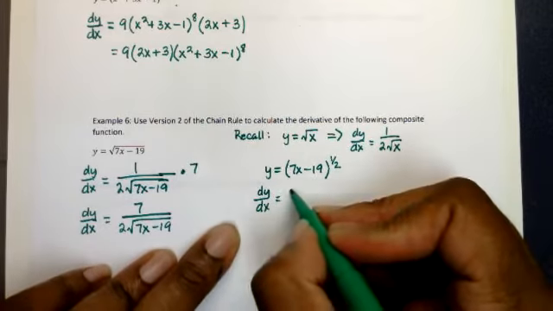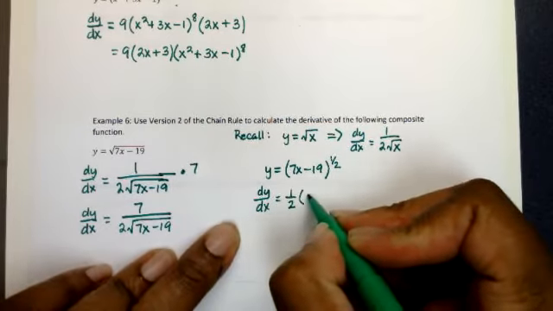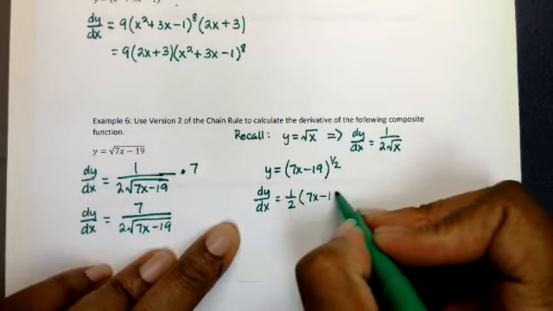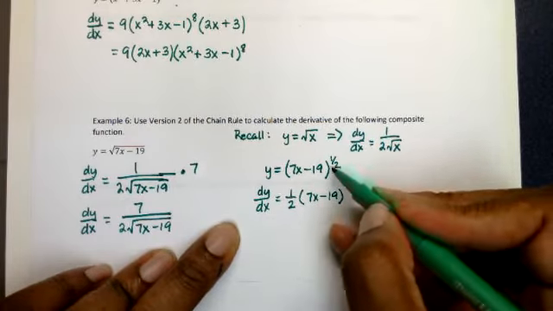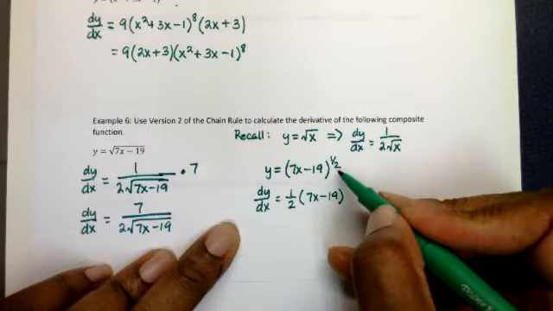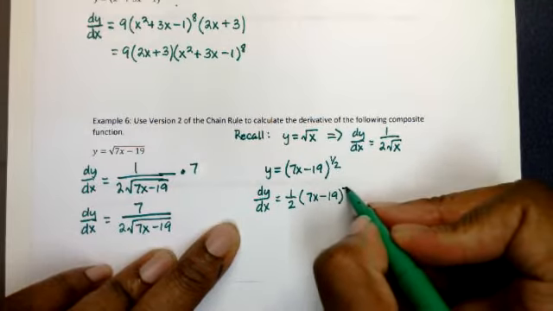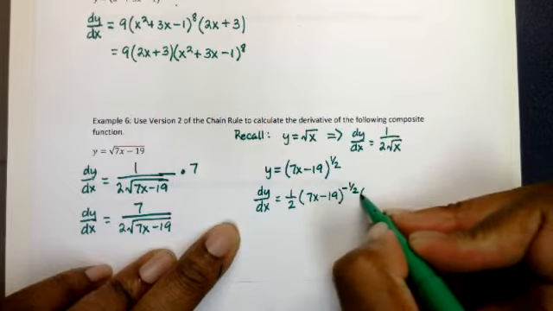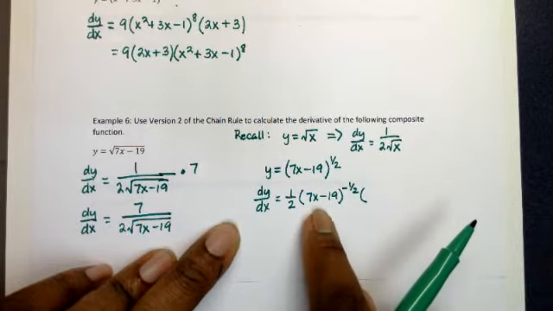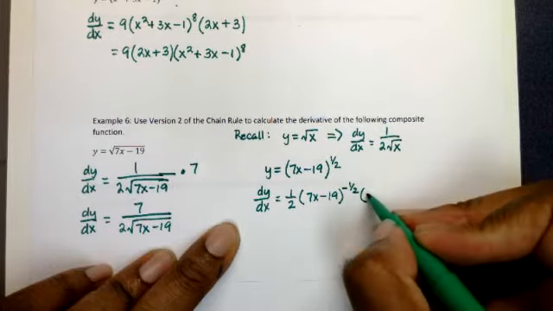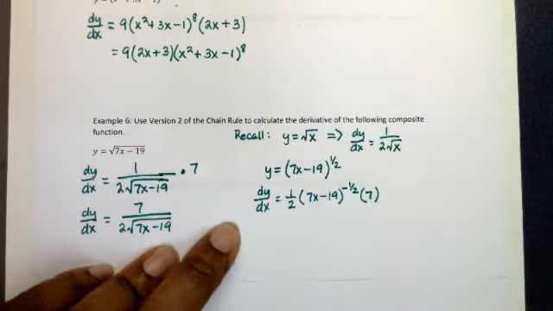Bring the exponent 1/2 up in front, copy over the 7x minus 19. This will be to the 1 less power, so 1/2 minus 1 would be negative 1/2. And then your inner derivative means this. The derivative of 7x minus 19 would be 7.